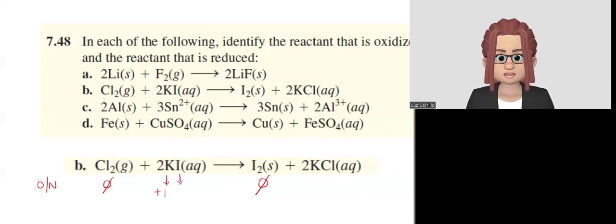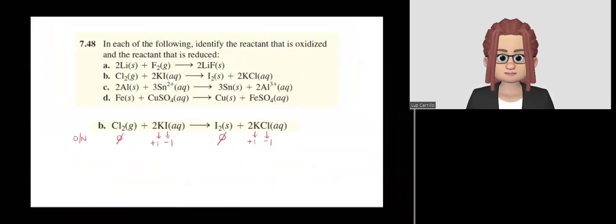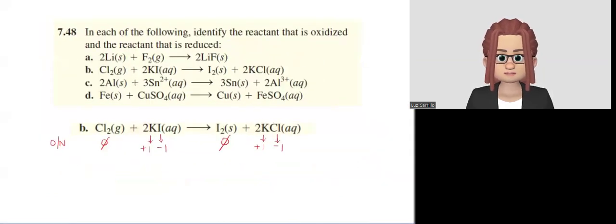Iodine's oxidation number is going to be -1. Potassium is going to be +1. Chlorine is -1. Remember that in this case, I am taking these values from the group number that each of these atoms have, because that is in essence where we get these values when we have ionic compounds.